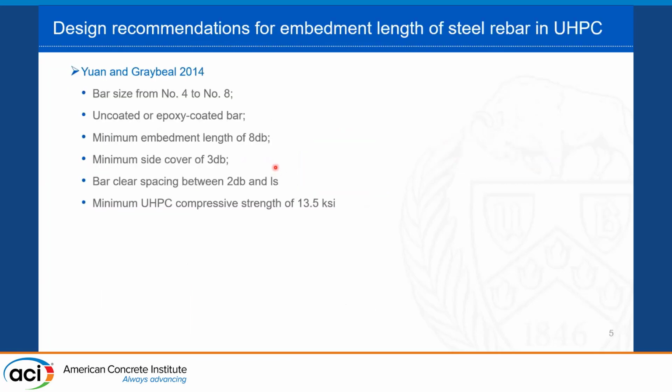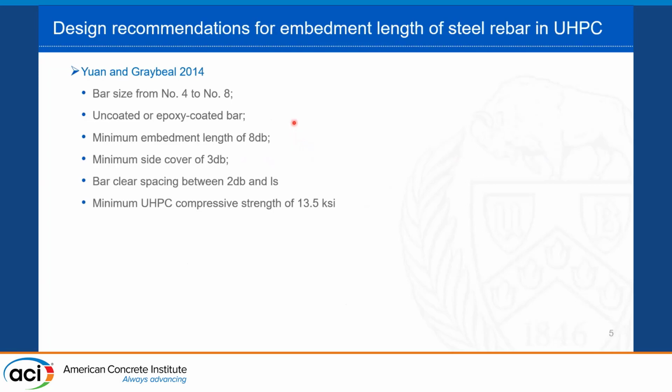Currently, there are no design standards to determine the development length of steel rebar in UHPC, but there are published recommendations by the FHWA, according to a large research program considering a large number of parameters.